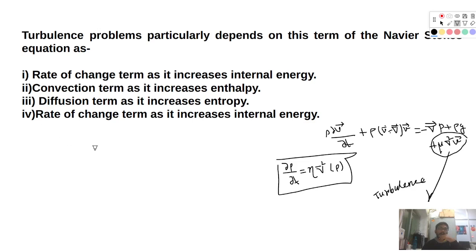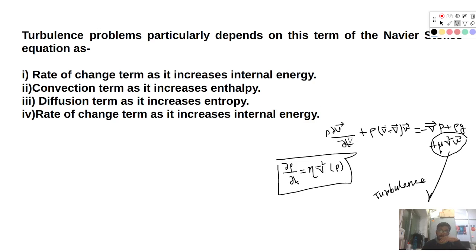Now we have these four options. First of all, how the turbulence problem depends on which term. The first option is the rate of change term. The turbulence problem will depend on the rate of change term because it increases internal energy.